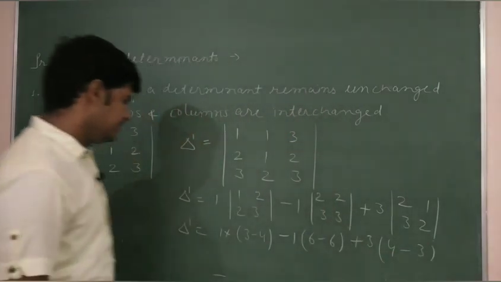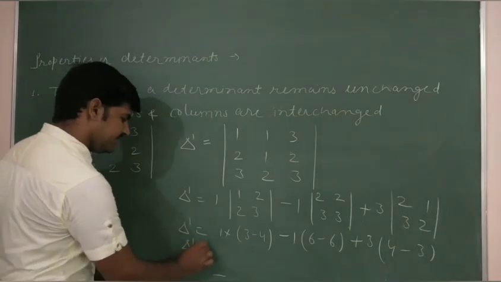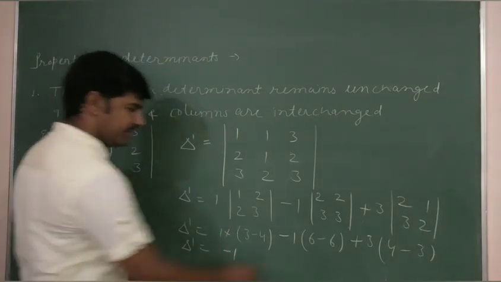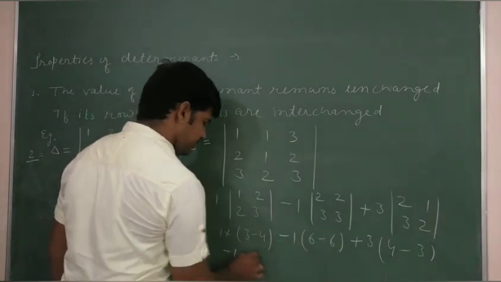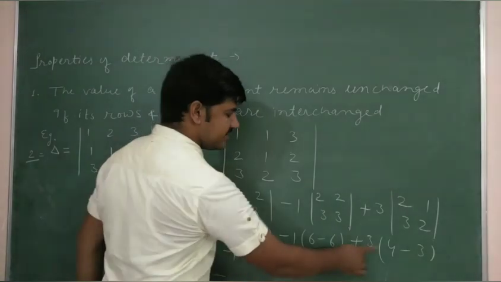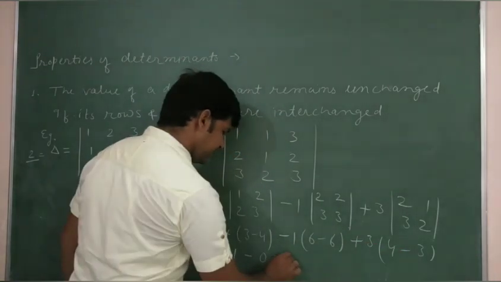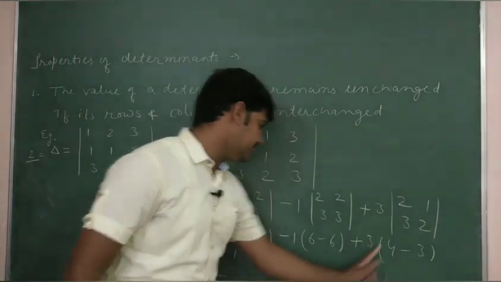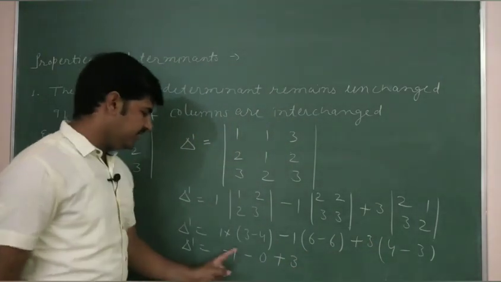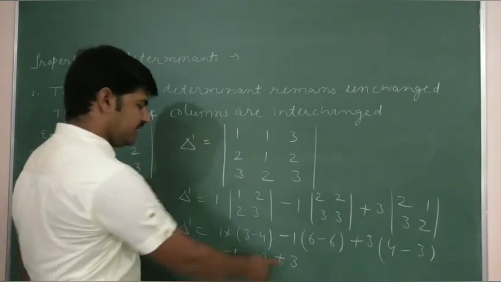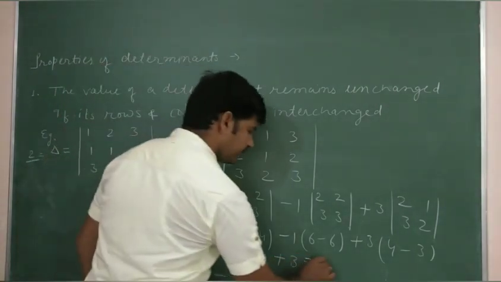Okay students, so here we get del dash is equal to 1 times (3 minus 4), which is minus 1, and then minus 1 times 0, which is 0 only, and on this side plus 3 times 1, which is 3 only. So minus 1 minus 0 and plus 3, so what do we get? 3 minus 1 is equal to 2.